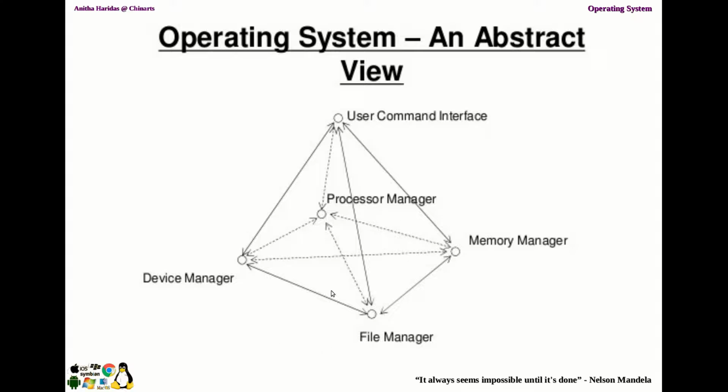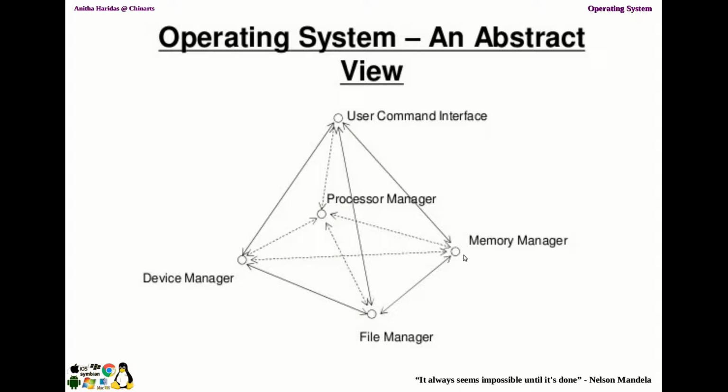This pyramid shows, in the bottom of the pyramid, 4 different managers, and the top of the pyramid is the user interface. So the operating system functions as such are divided into 4 different modules.